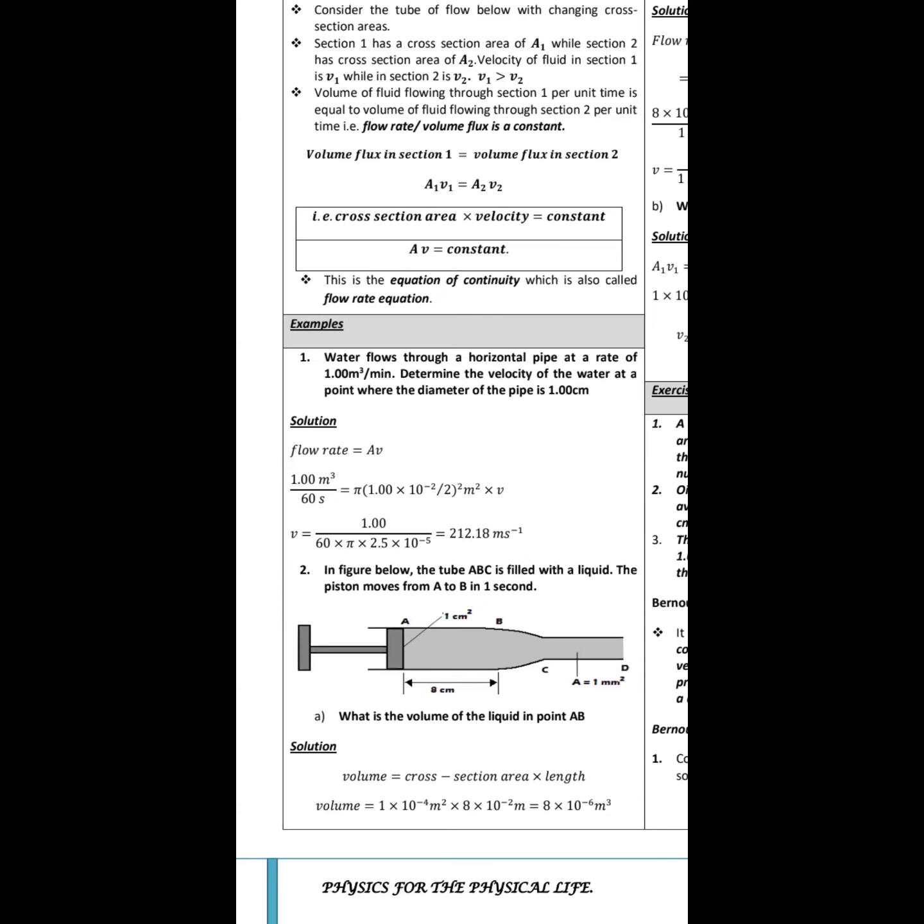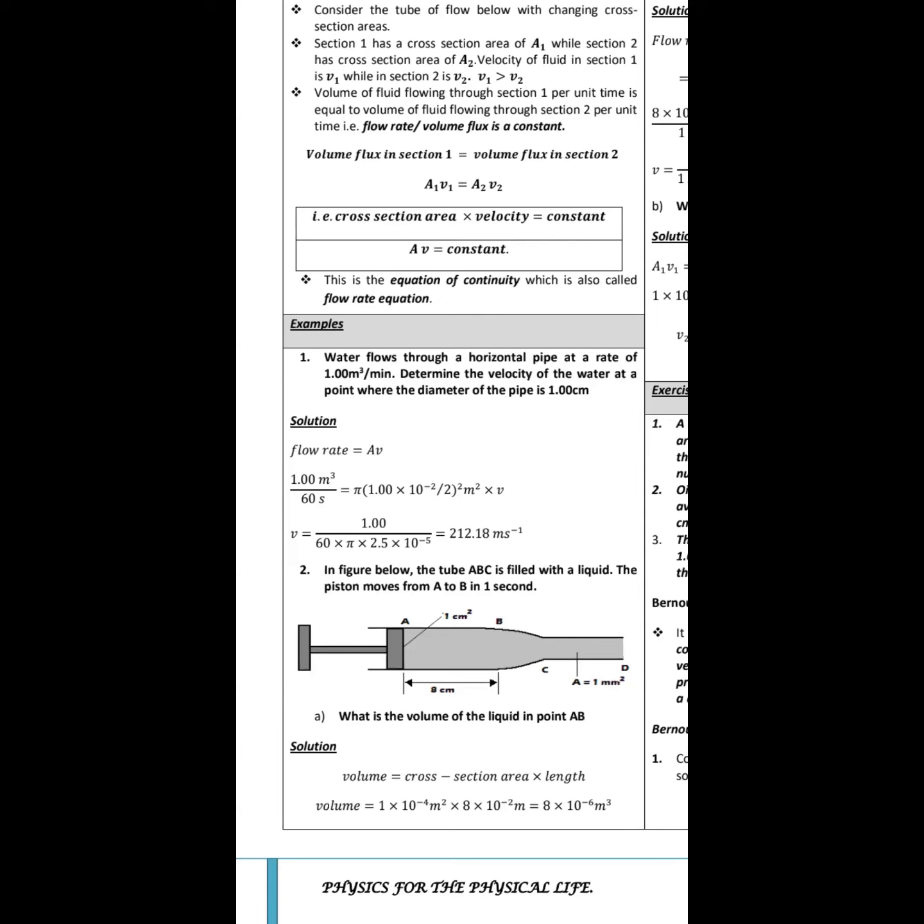For the first question, we used only 1 second. And the formula guiding us through this question is the formula of flow rate, which is also the same as volume flux, is volume over time.